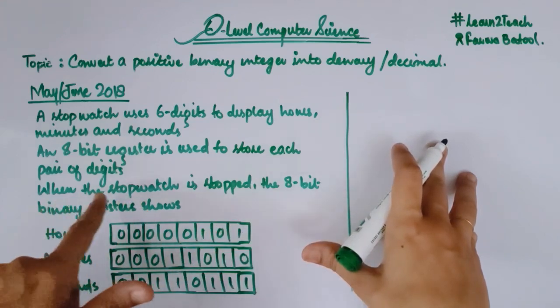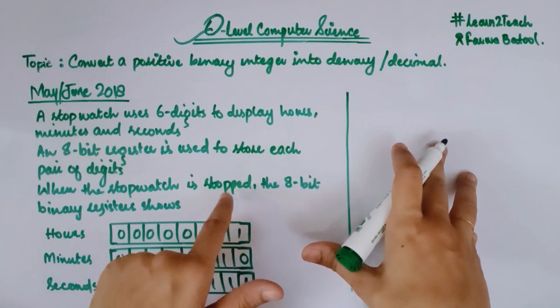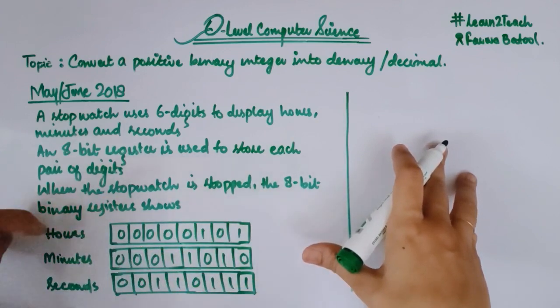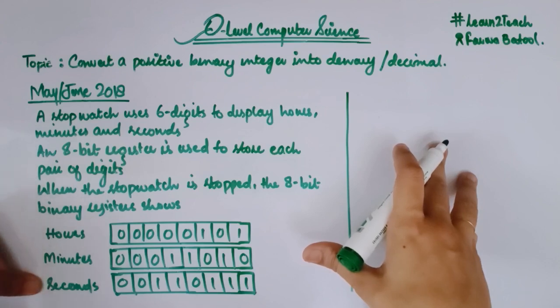When the stopwatch is stopped, the 8-bit binary registers show the values: one for hours, one for minutes, and one for seconds.